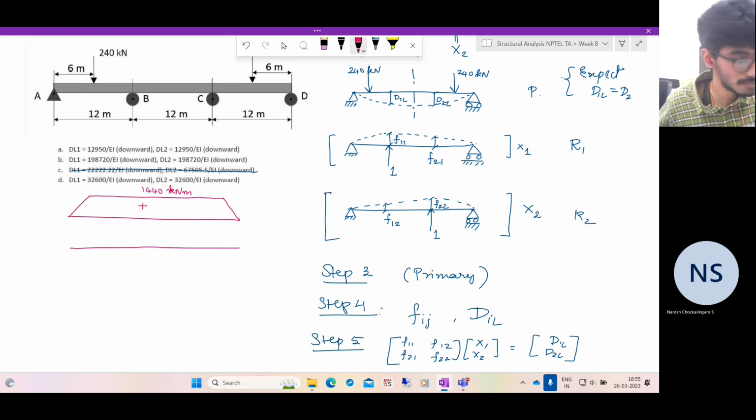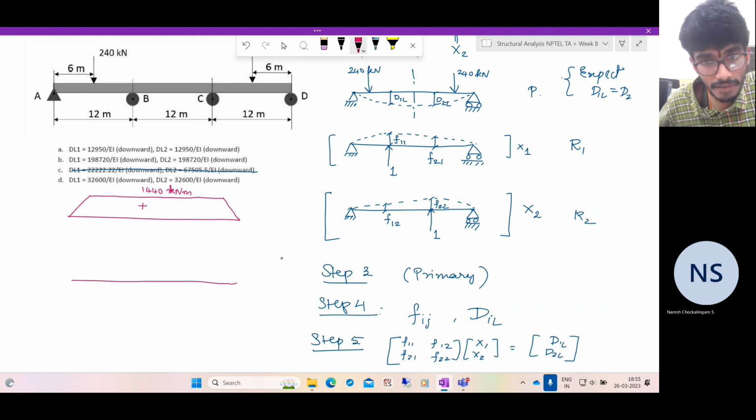And what is the virtual bending moment diagram? Because of a unit load that is applied here, we know the reaction that comes here will be this distance, which is 24 by 36. So you have a reaction of 2 by 3 here, and it acts at a distance of 1 by 3.